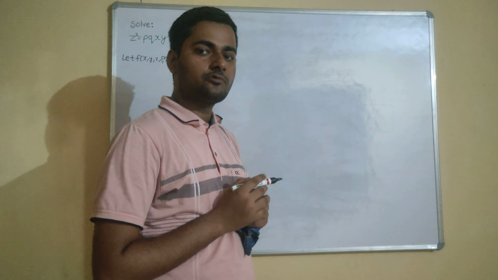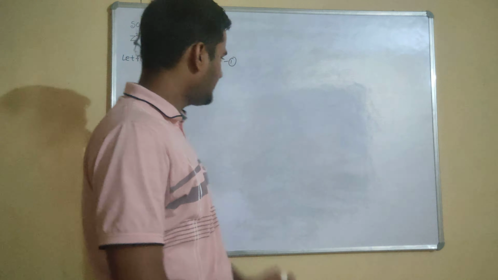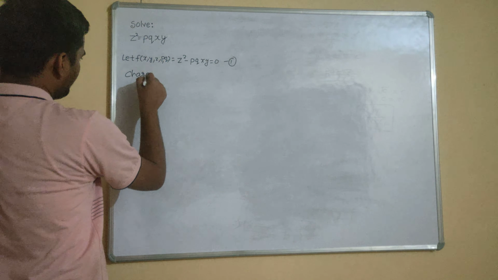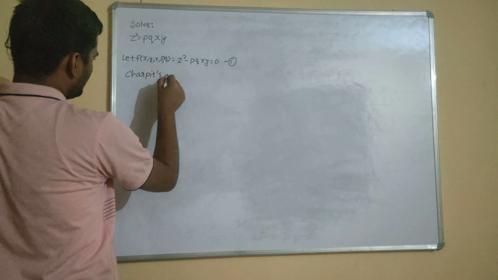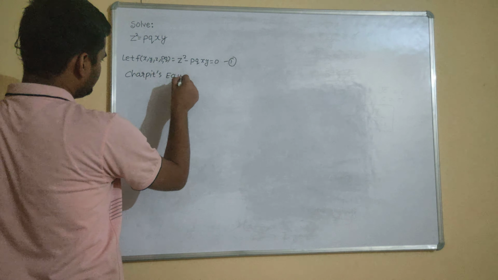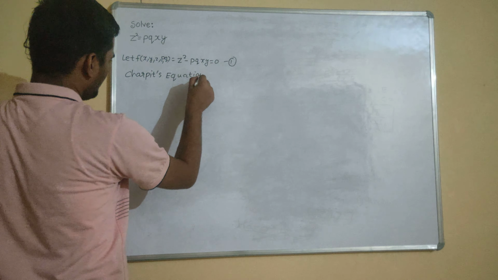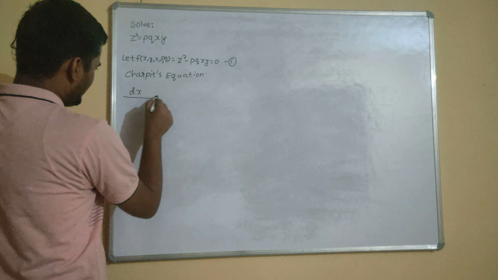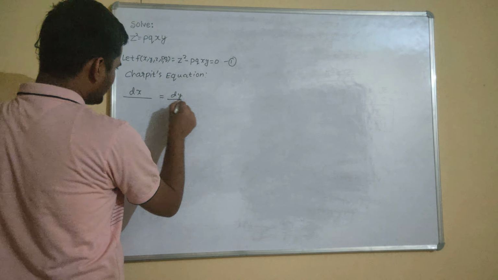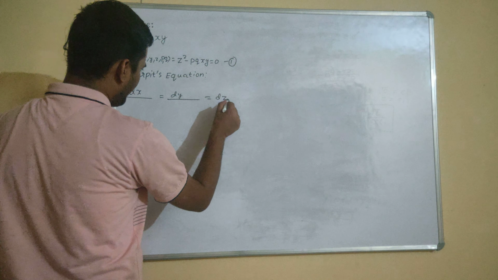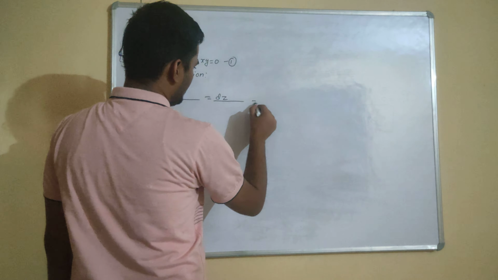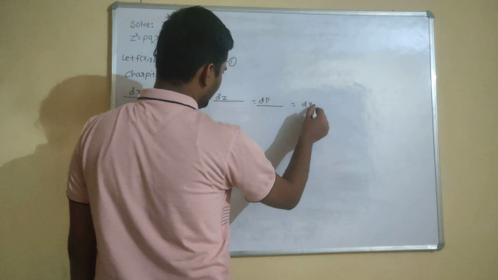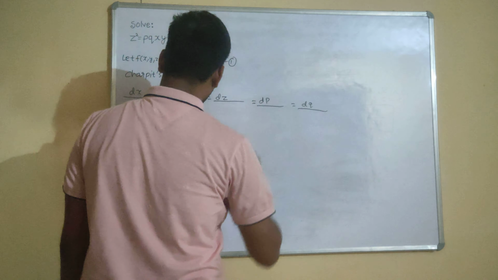The second step is to write Charpit's famous equation. What is that? dx divided by something, dy divided by something, dz divided by something, dp divided by something, and finally dq divided by something.